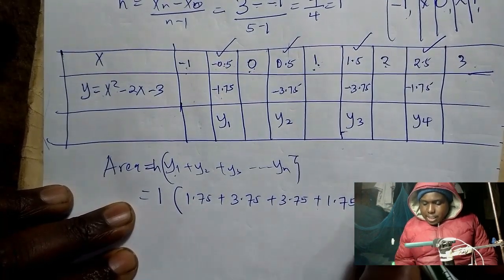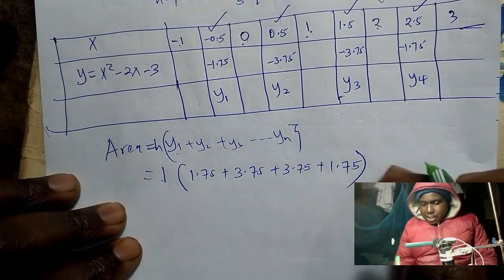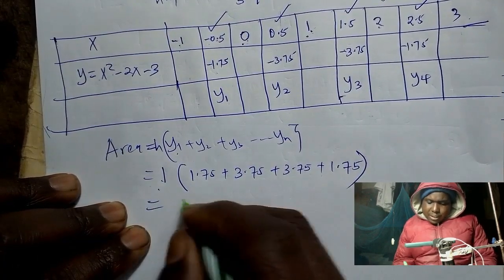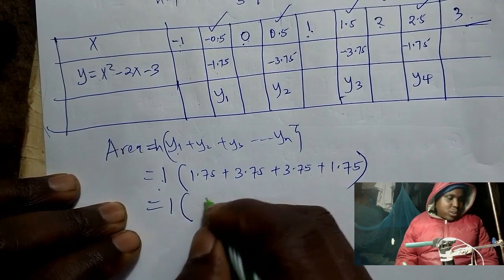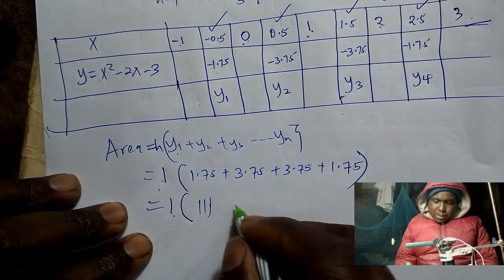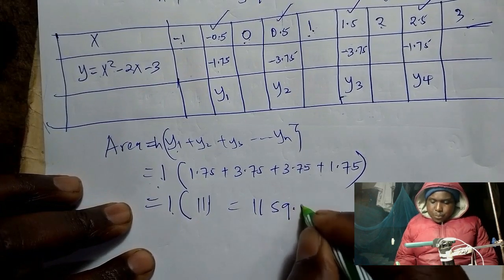That is our h. Now 1 times anything that is in a bracket is whatever is in the bracket. So 1 times something is something. So we are 1 into the total, which is 11. So 1 times 11, the answer is 11. So the answer is 11 square units.